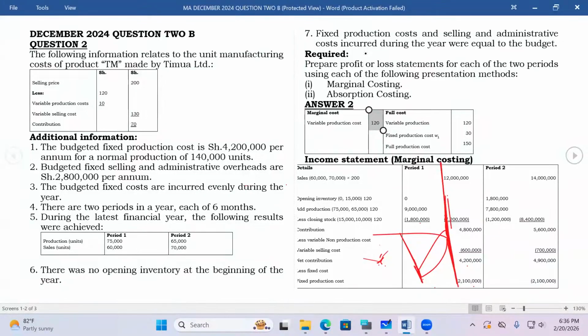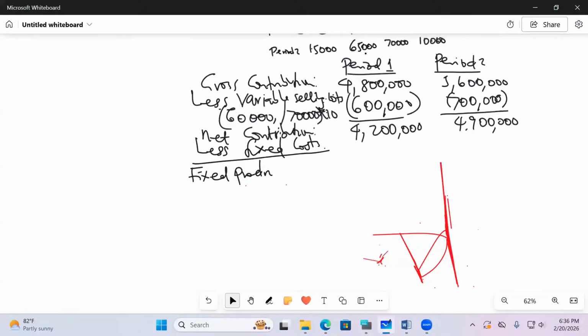Each period will be 2.1. So here we have 2.1 in period 1, and then 2.1 in period 2. Great. Do we have any other fixed cost apart from fixed production?